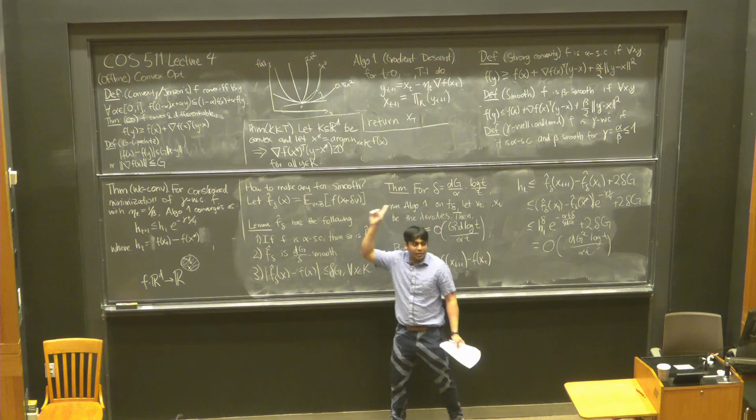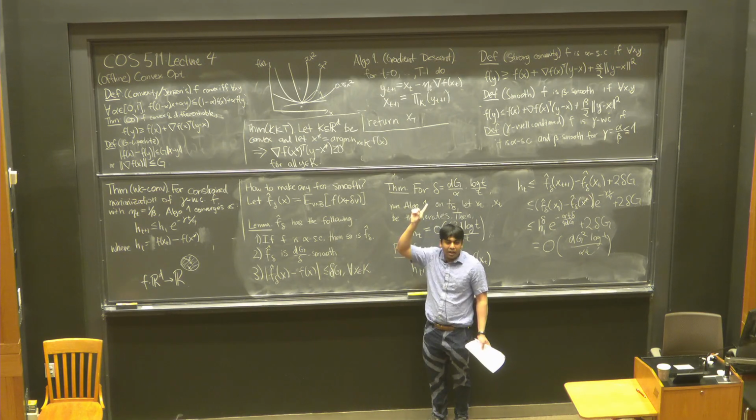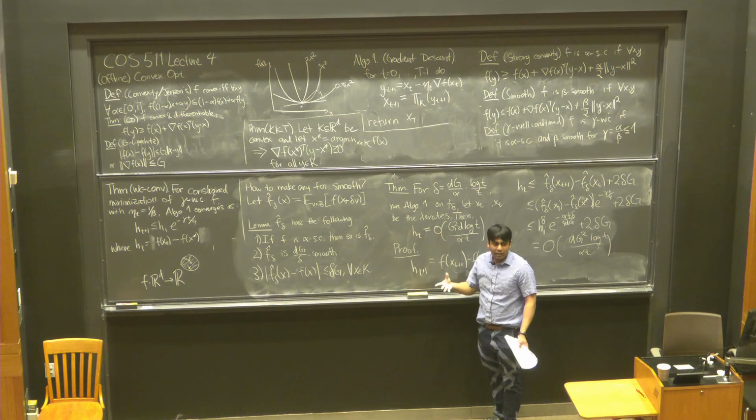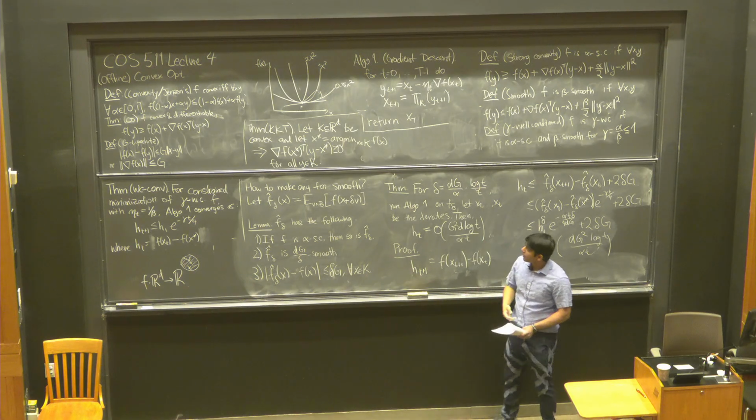You only need the gradient. And furthermore, if you dig further, you'll see that you don't even need the gradient. You just need a random variable whose mean is the actual gradient. This suffices. This is called stochastic gradient descent. And I think Professor Hazan will go over it more in the future. But great question.